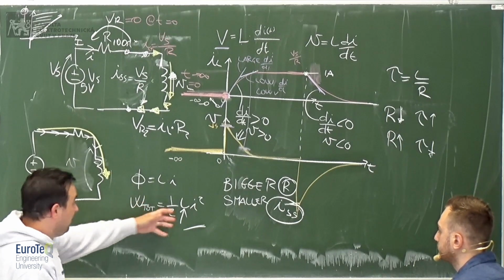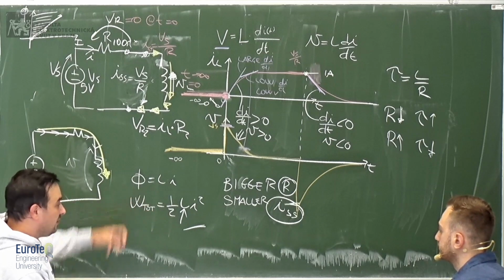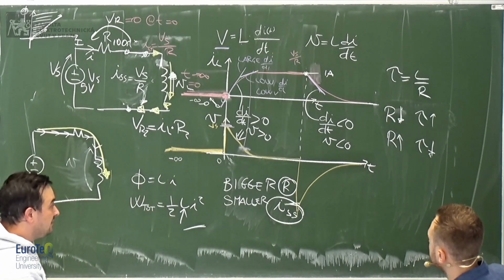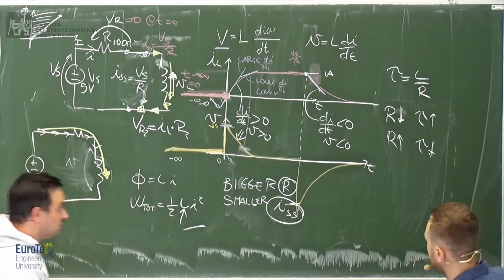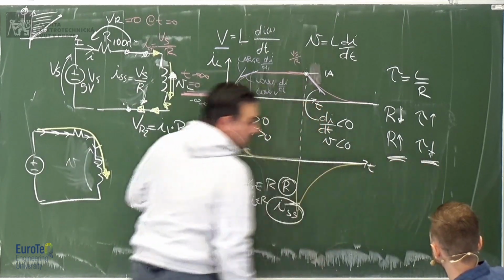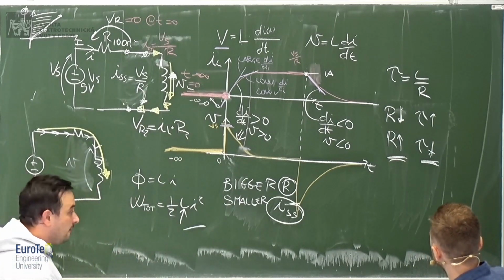So you have the same inductance, you have a smaller current, and therefore you have less energy to put in. So at the end, it means that it takes a smaller time to energize. So that's why for bigger resistance, the time for charging is shorter because tau is lower, okay?